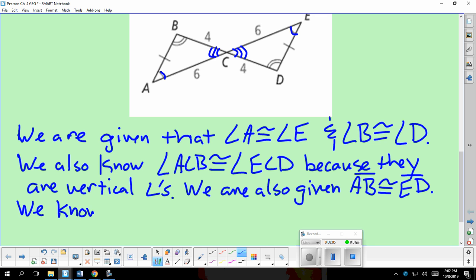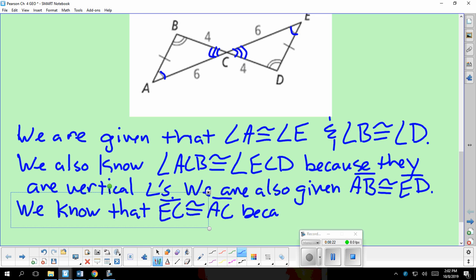We know that EC is congruent to AC, because they both equal 6.